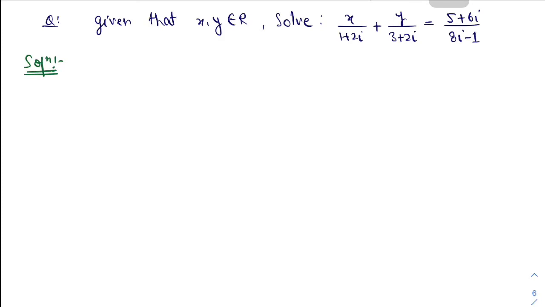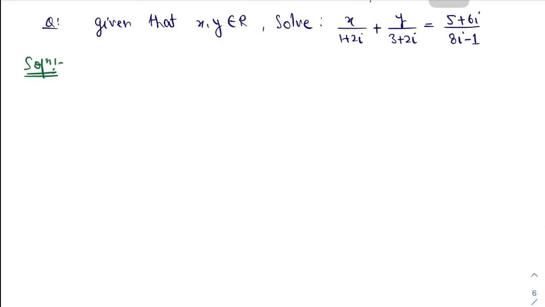Okay, so x upon 1 plus 2 iota plus y upon 3 plus 2 iota, equal to 5 plus 6 iota upon 8 iota minus 1. There are three fractions involved here.